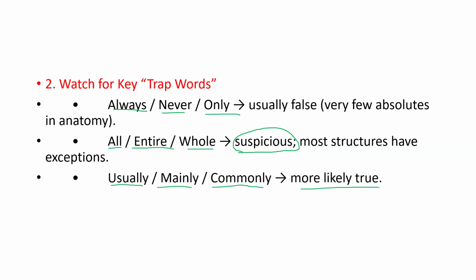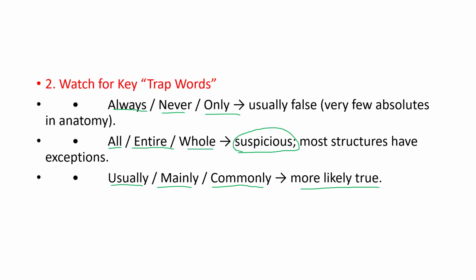So if someone is saying that the shoulder joint is usually dislocated in the inferior part, or commonly inferior dislocation of the shoulder joint is common, like that, it can be a true one.